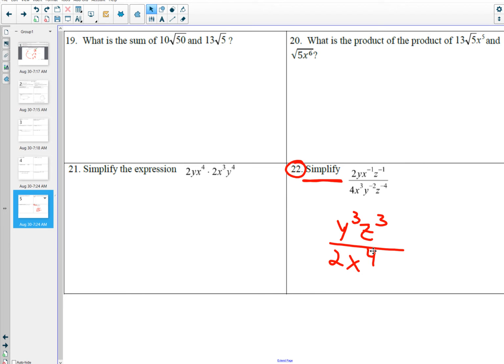What is 2 over 4 reduced to? 1 over 2. So if you still want to waste a step and put the 1 on top, you can. Just don't leave it there. I'm not typically a person to take away credit for that, but I can't speak for others. So, I might let it slide this year, but then you go to another teacher in Algebra 2 in a couple of years, and they mark you off for that.